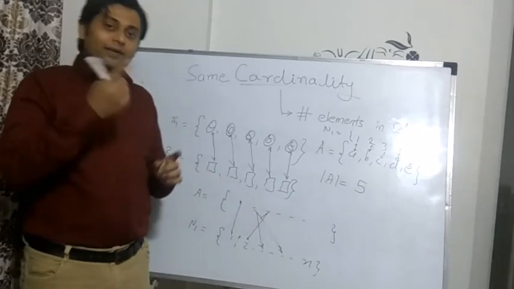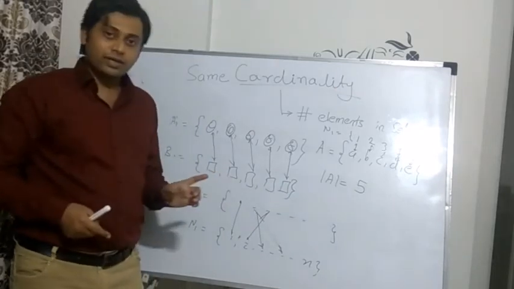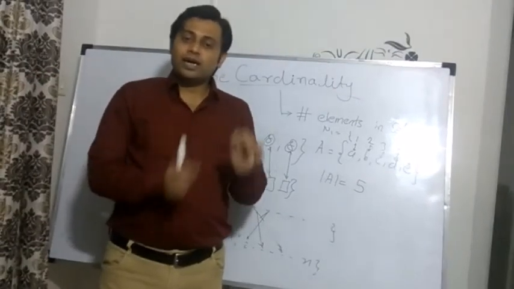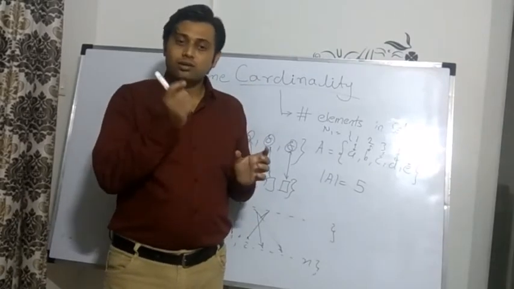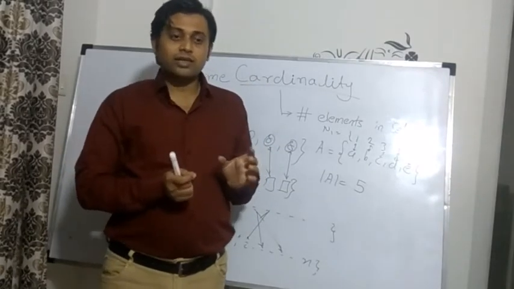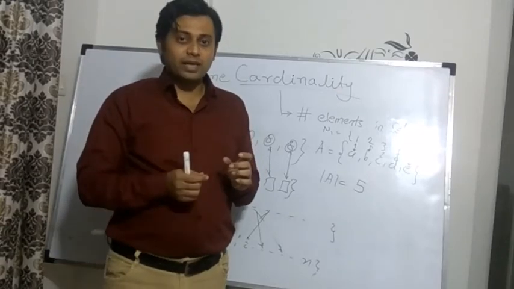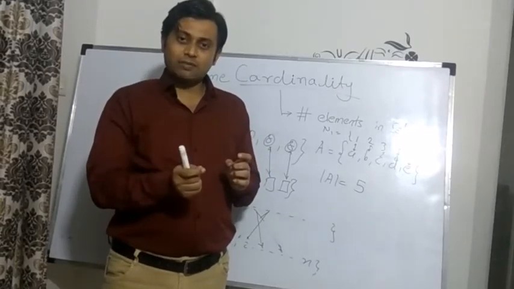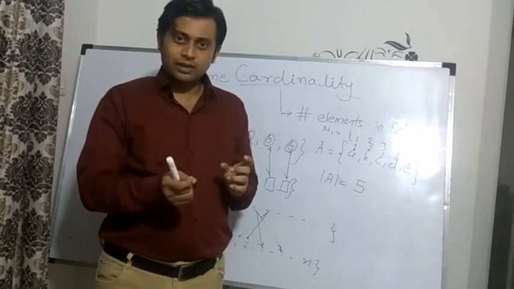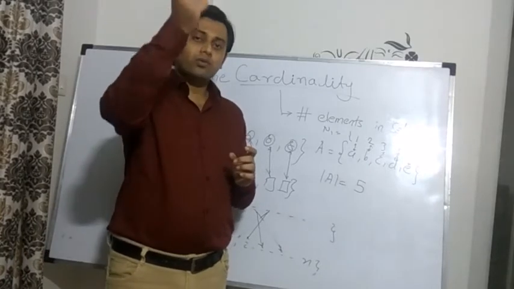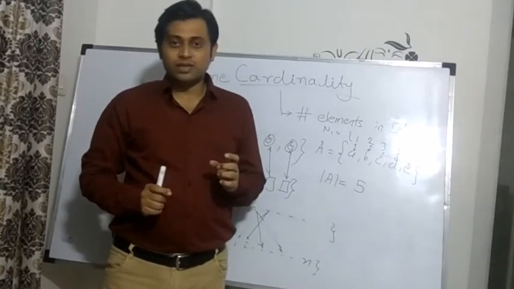So again I will repeat, what is the process of counting? We will assume some subset of natural numbers containing the first n numbers, and every time we will pick up the smallest possible natural number which is not used so far, and assign that number to one of the elements in the first set.